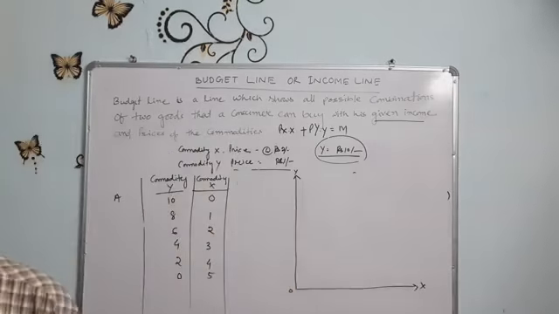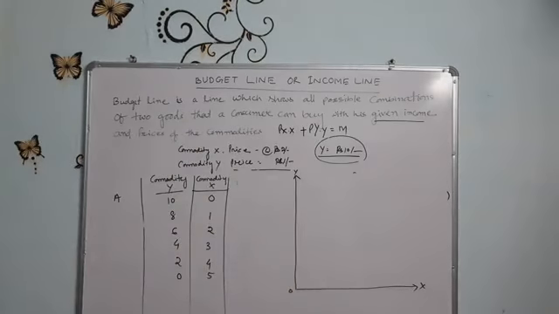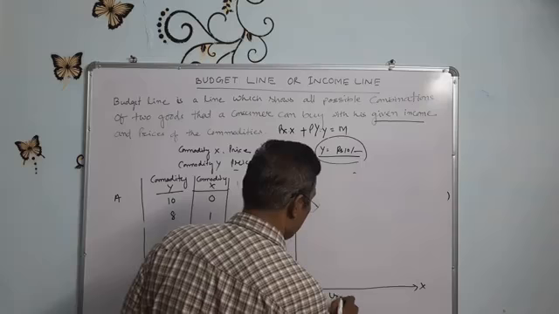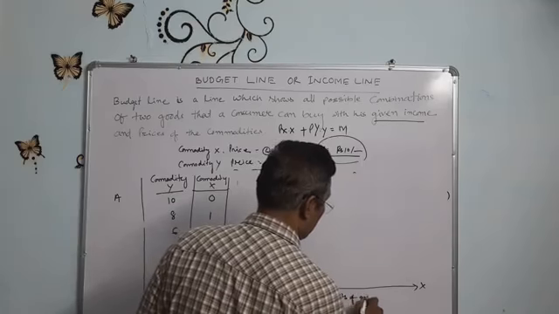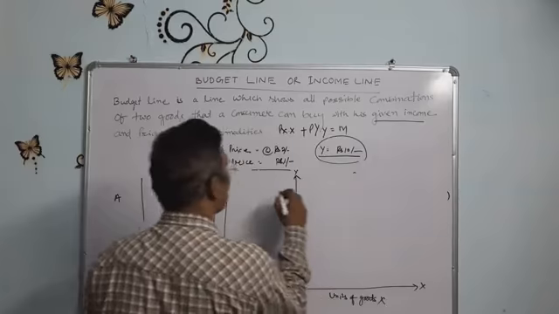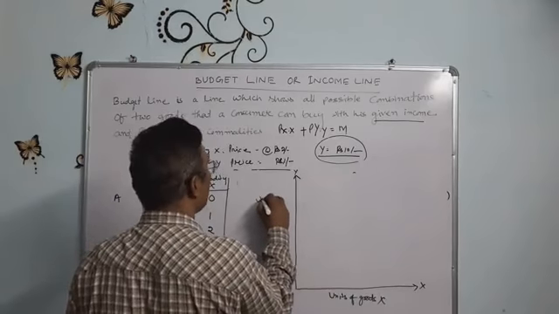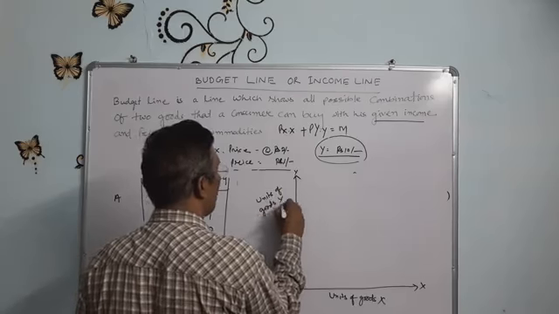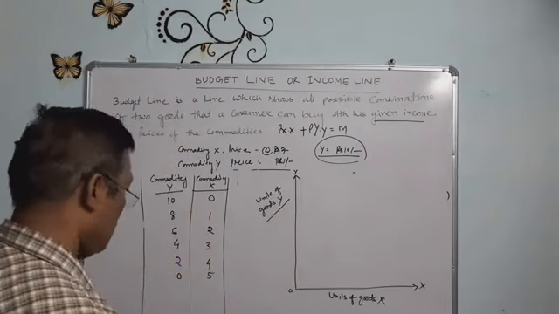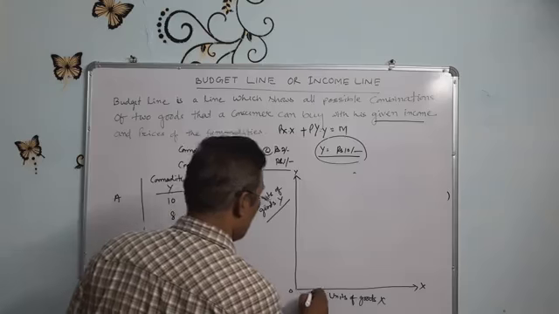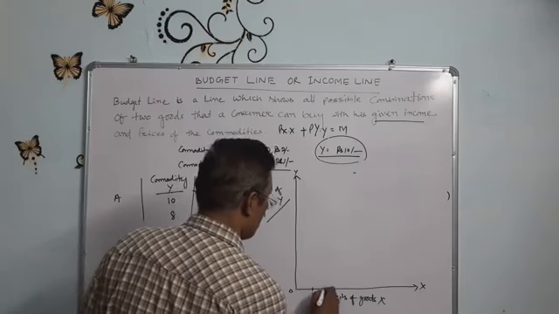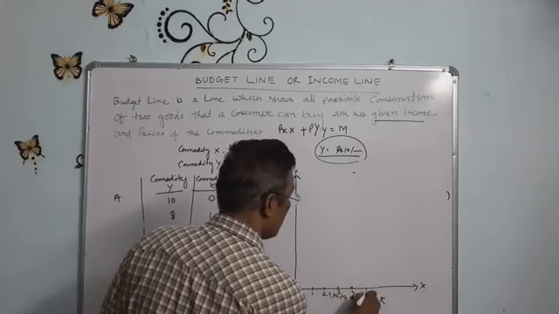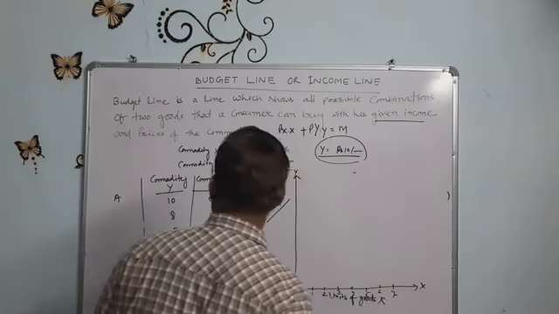OX axis represents the units of goods X. OY represents the units of goods Y. One unit, 2 units, 3 units, 4 units, 5 units, 6 units, 7 units, like this.